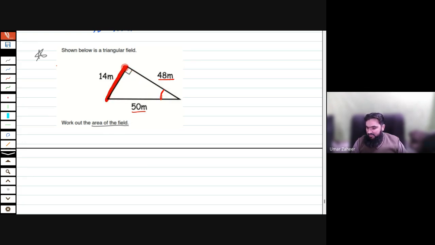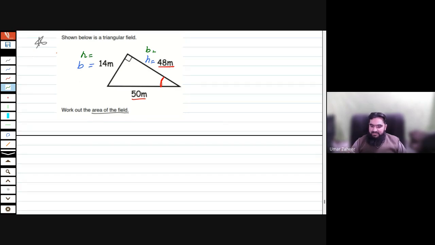We have the 90-degree angle between 14 and 48. So you have to take one side as a base and the second one as a height. You can do the reverse as well. You can take this one as a height and this one as a base. The condition is the same: both are making a 90-degree angle.